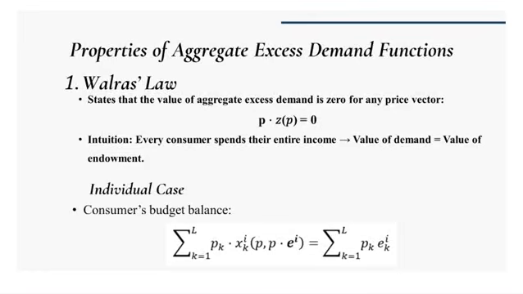Excess supply for good k means zk of p is less than 0: the aggregate demand for good k is less than the total quantity available in the market, which puts downward pressure on the price of good k.